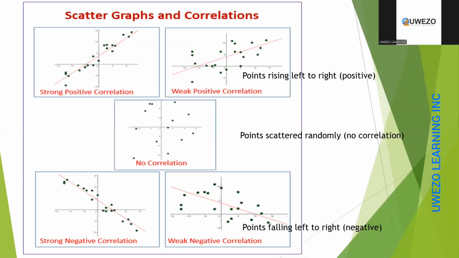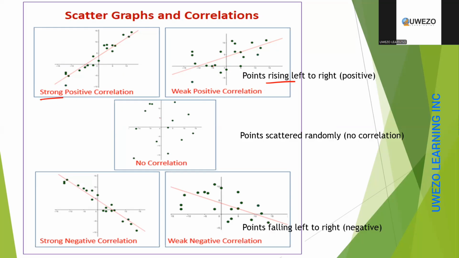From the points plotted in the scatter plot graph, we can look for a pattern. This tells us about the correlation or the relationship between the two variables. If you observe points rising from left to right, then we have a strong positive correlation.